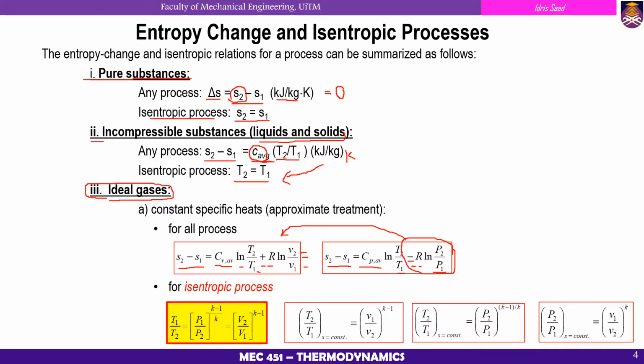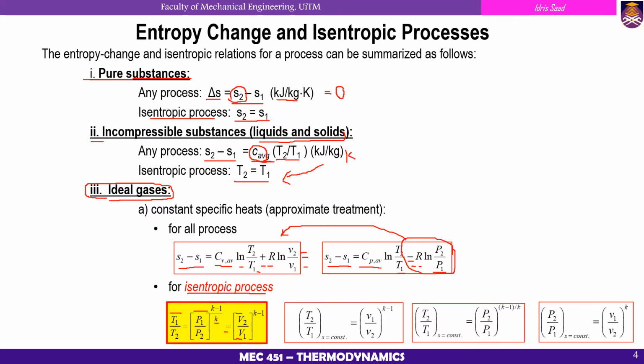in the case of the isentropic process, we use the relationship of the isentropic process that we have discussed in chapter 2 for the boundary work for an adiabatic process. So T1 over T2 is equal to P1 over P2 to the power of (K minus 1) over K, which is also equal to V2 divided by V1 to the power K minus 1.